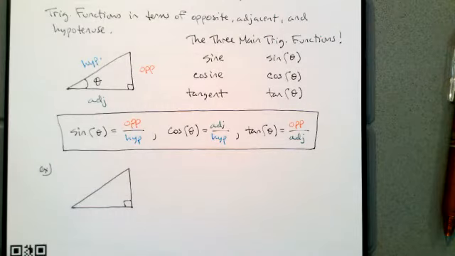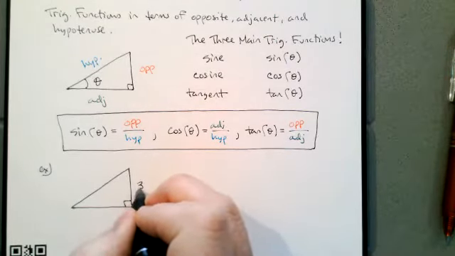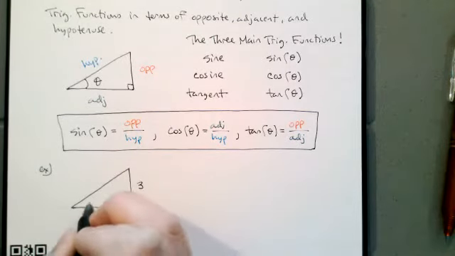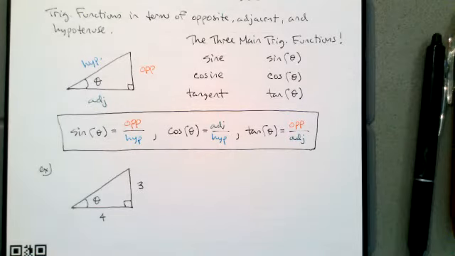And let's suppose that this side is a 3, this side is a 4, and this is the angle theta that I want to use. All right. I've only given you two sides of this right triangle. What can we use to find the third side?